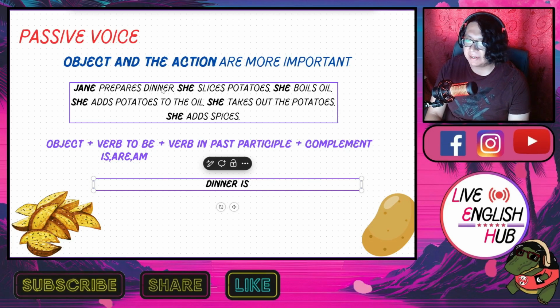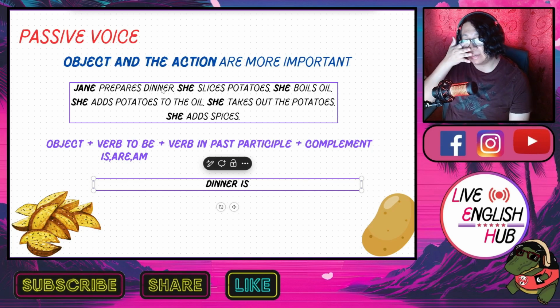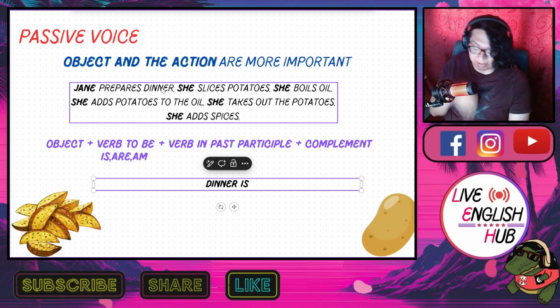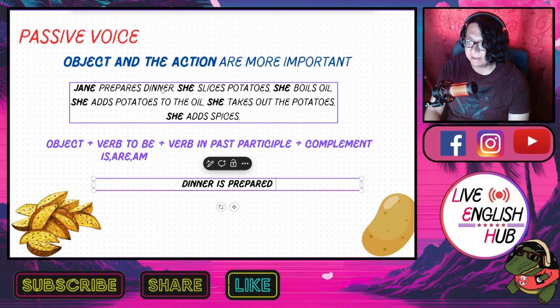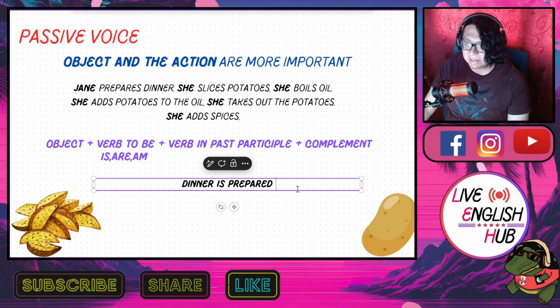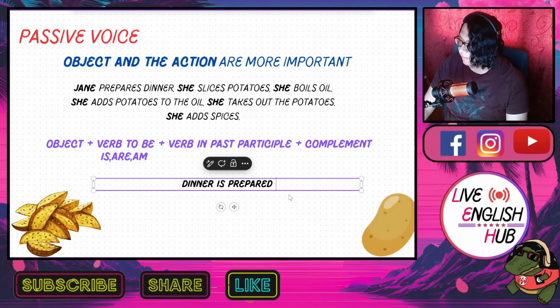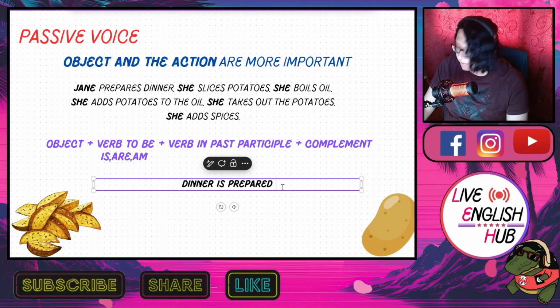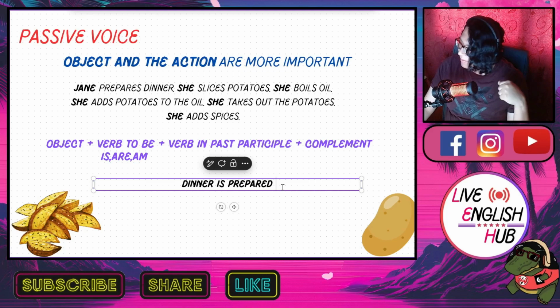Y vamos con el pasado participio de los verbos, ¿no? Aquí para esto es muy importante que hayamos estudiado nuestros verbos en pasado participio. So then in this case we have dinner is. Y vamos con prepare. ¿Ok? Entonces lo podemos dejar aquí. No es necesario que agregamos quién está haciendo la acción, ¿no? Podemos hacerlo, pero al mismo tiempo no es tan necesario en este uso, ¿no? Entonces vámonos con dinner is prepared.